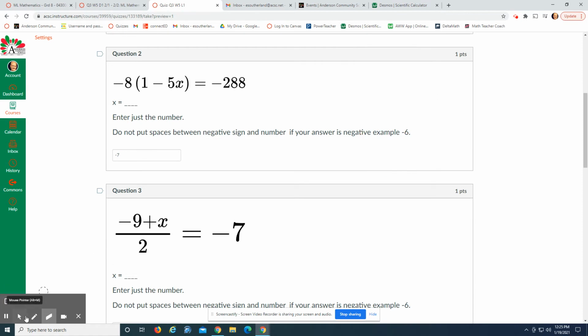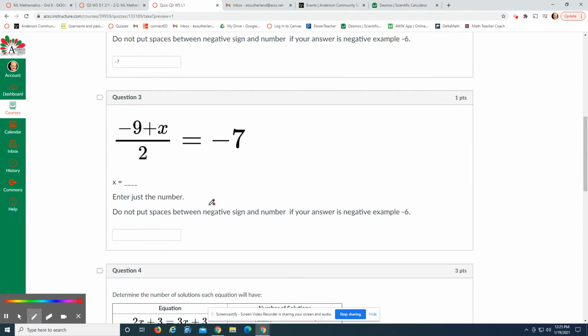We'll go to the next problem. For this problem, you're going to start out by multiplying by 2. We start out with multiplying by 2 because this whole top thing is being divided. So these will cancel out. You'll be left with negative 9 plus x, and then it's going to be equal to negative 7 times 2, which is negative 14.